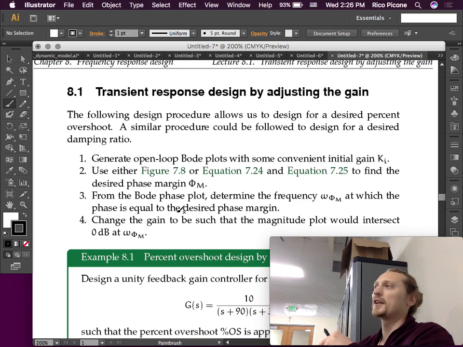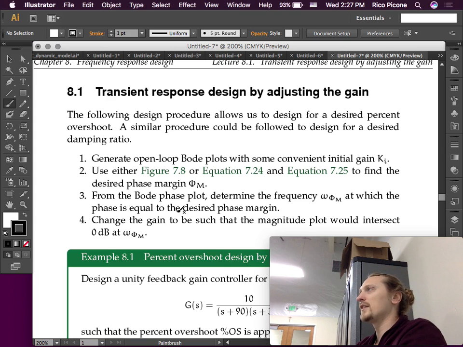So we can essentially dial in a phase margin by adjusting the gain. This technique essentially comes down to that. It's pretty straightforward, and actually pretty easy when you look at it in a Bode plot. But there are some things to watch out for and some caveats, and when we walk through this problem, we'll see some of them.